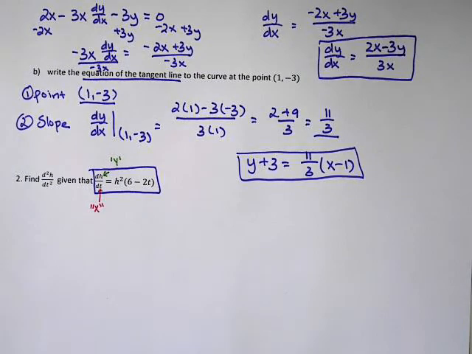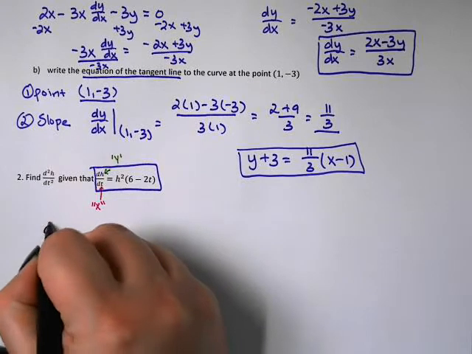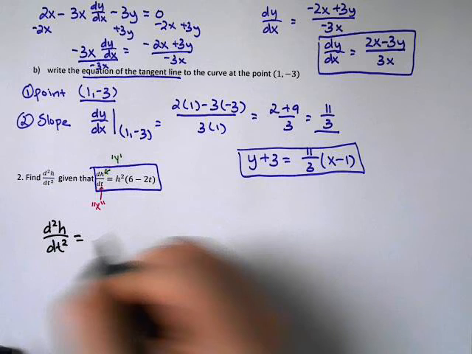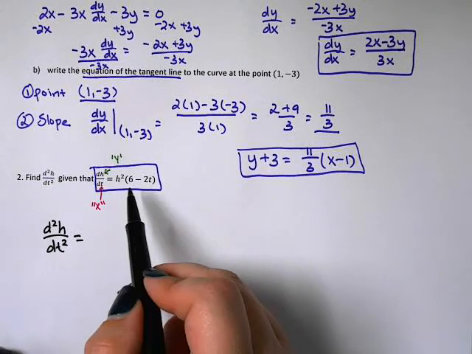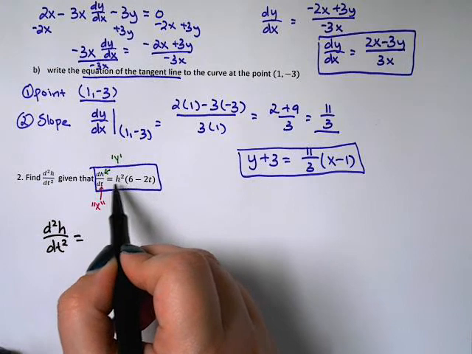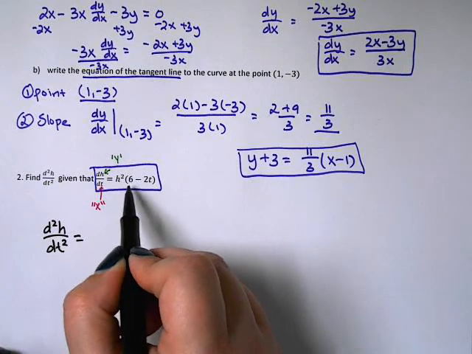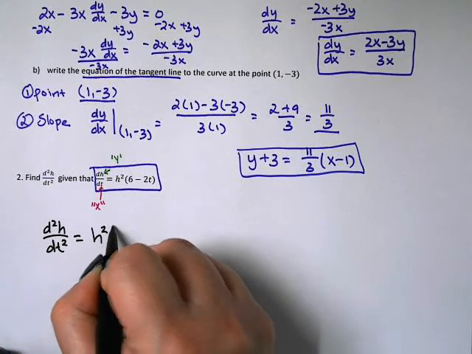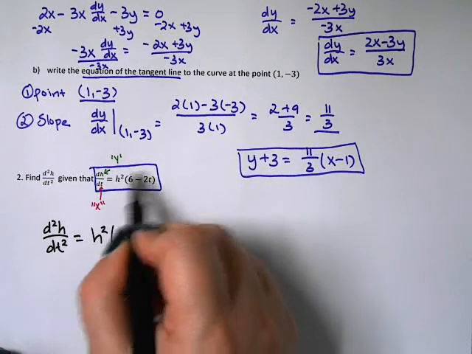So let's see if we can do this derivative. So d squared h/dt squared is going to equal, we're going to need some product rule here. So I need to take the derivative, let's leave the first one alone. So we're going to do h squared times the derivative of my second function.